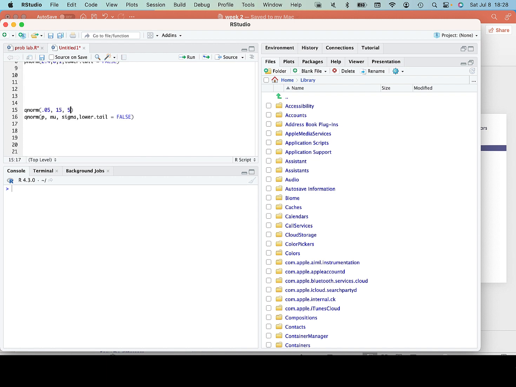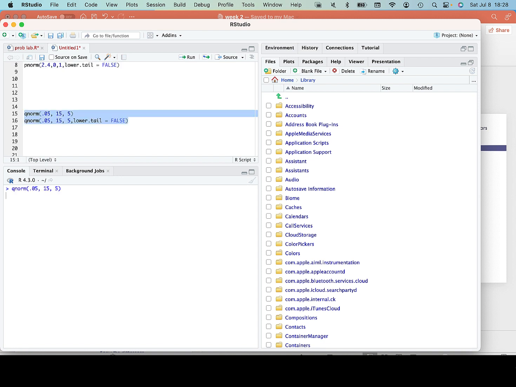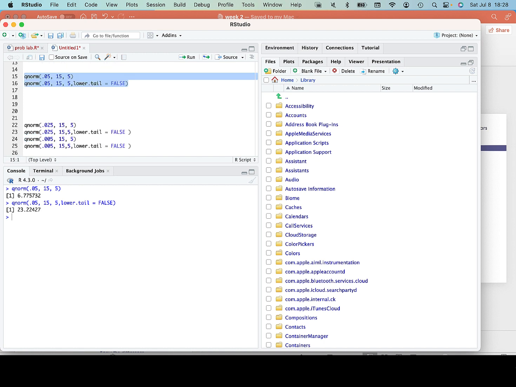We can use the same for the upper bound with the lower tail false. From there, we can also run our 95% confidence interval, which leaves 2.5% in each tail, and our 99% confidence interval, which leaves 0.5% in each tail.